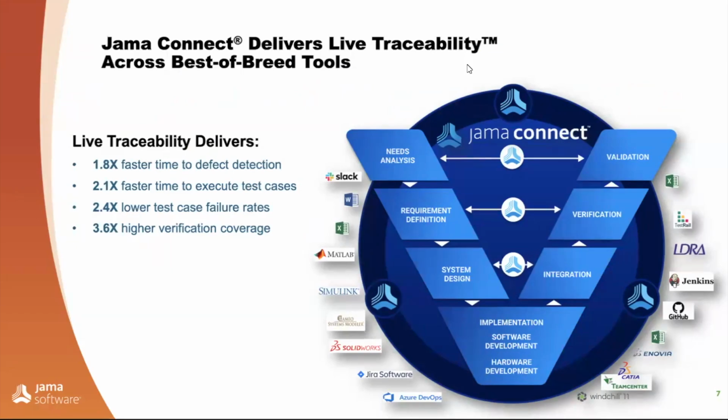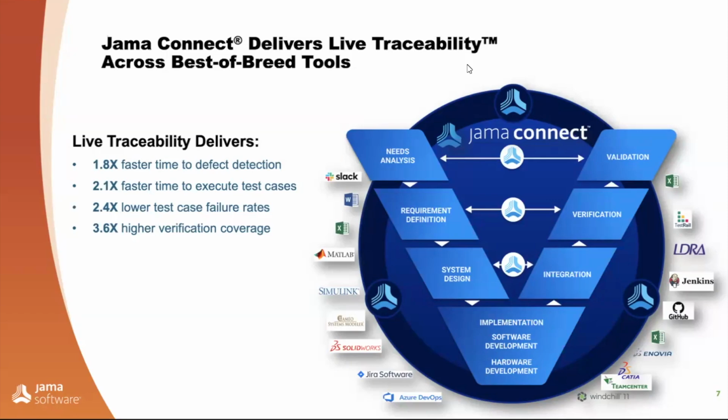We find that they have 1.8x faster time to defect detection, nearly 2.5 times lower test case failure rates, and typically a 3.5x higher verification coverage. So it really behooves you and your engineering teams to think about how we can integrate and save ourselves time, and that's just going to create a higher quality product down the line.